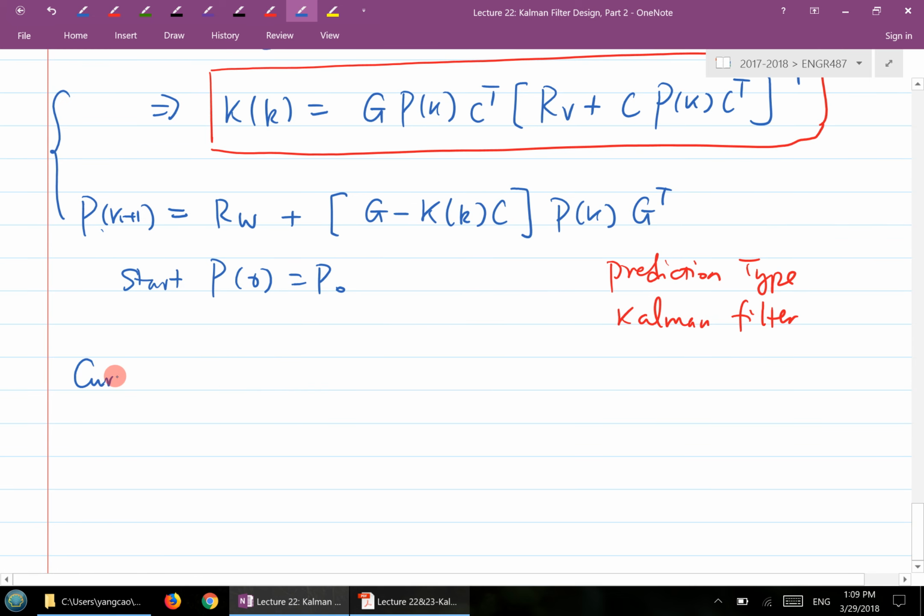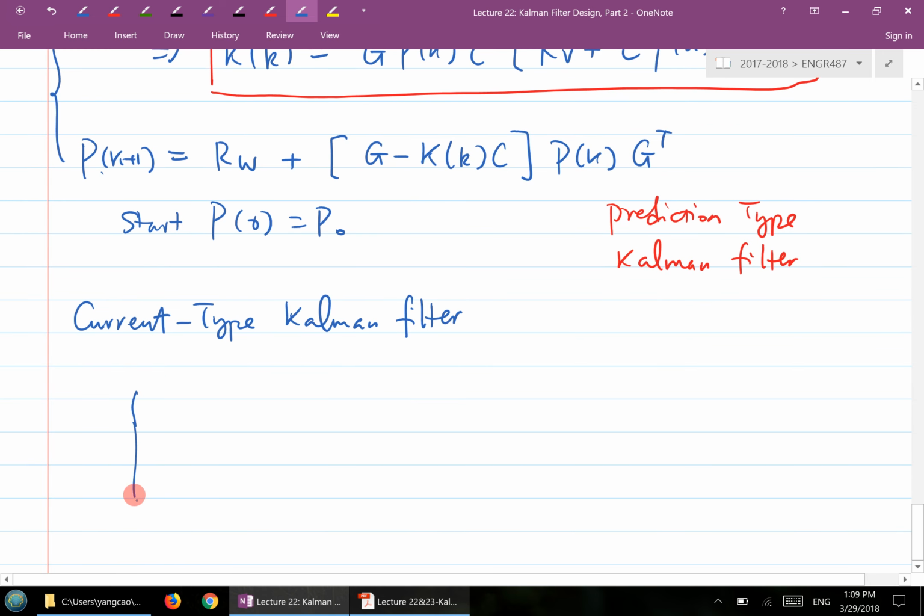This is part. I'll skip quite a few here. So the current type Kalman filter. And if you look at the writing I gave to you now, you will see this is essentially the same kind of notation or structure as the current type of observer here. Okay?